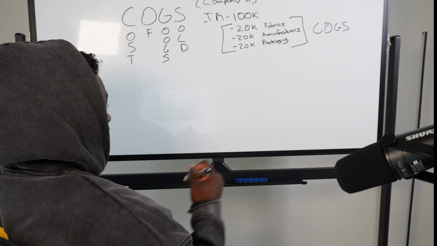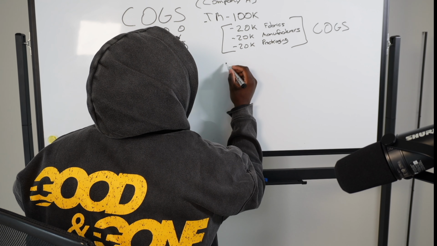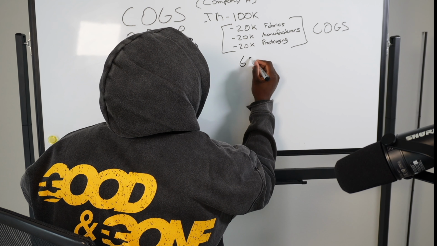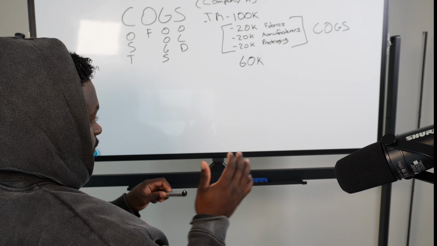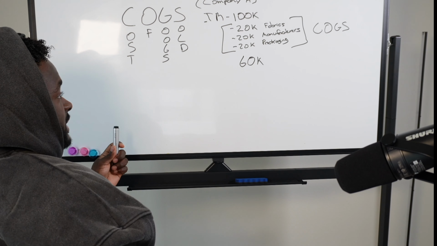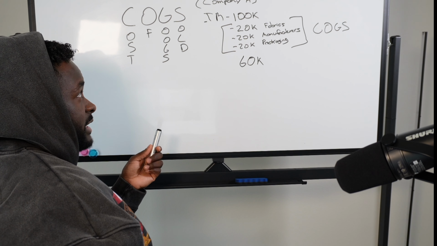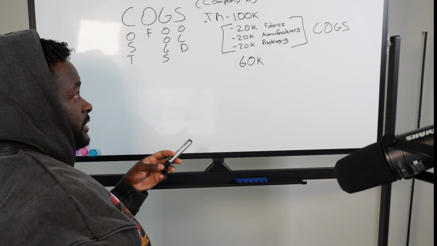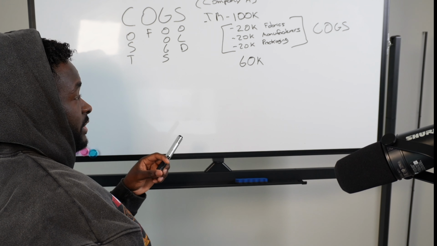So that gives us a COGS of what? 60K. Now that we have our COGS of 60K, what else can we find with this? We know our cost of goods sold cost us $60,000 from a total revenue of 100K.